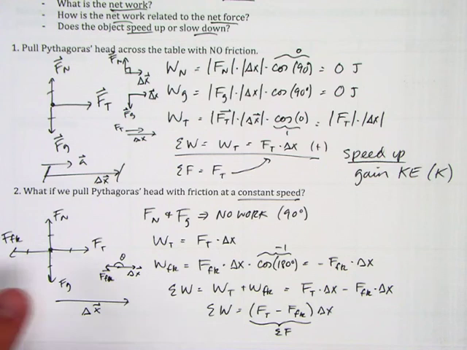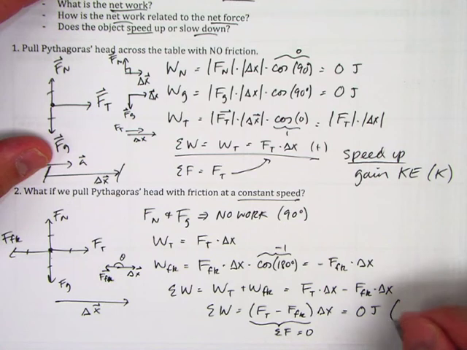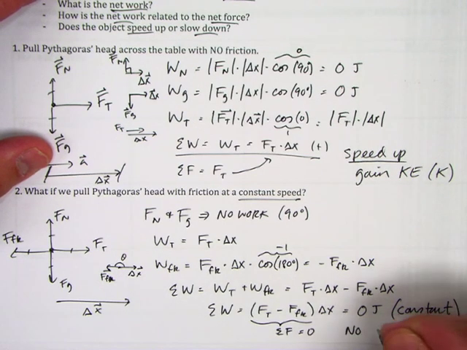So if these are equal to each other, this is 0, therefore the net work done is 0 joules. So it maintains a constant speed, and if it's maintaining a constant speed, then there's no change or gain in kinetic energy.